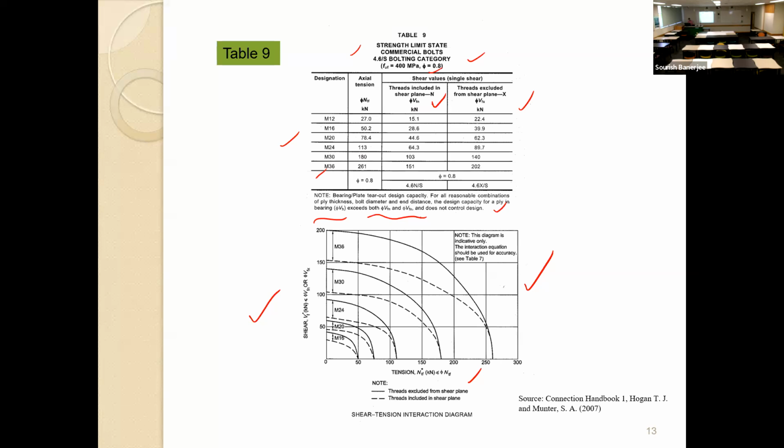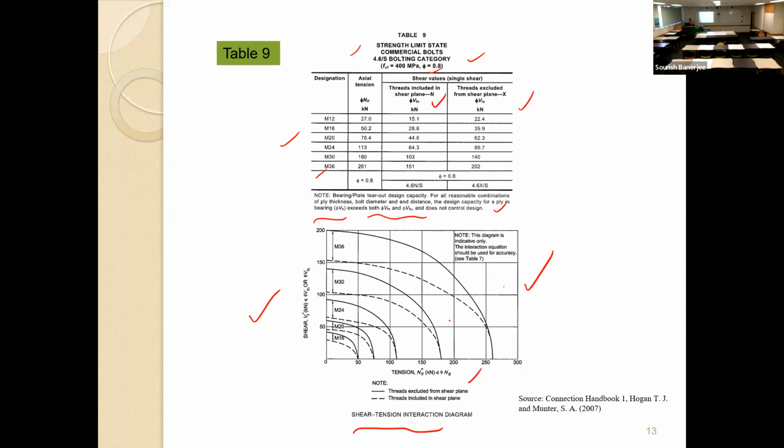In this case, if the bolt is subjected to shear and tension, the capacity of the bolt will be divided between the shear and tension. Then you have to use this interaction. Of course, in that case, you cannot say that all the capacity will be used in carrying one load, for example shear or tension. It will be distributed. So that's why we have this interaction.